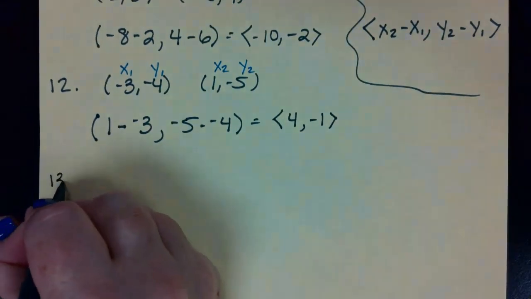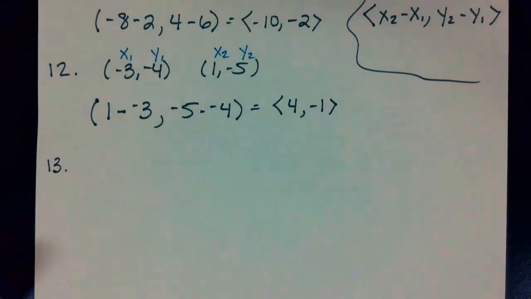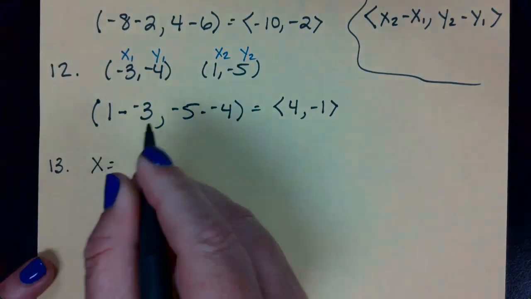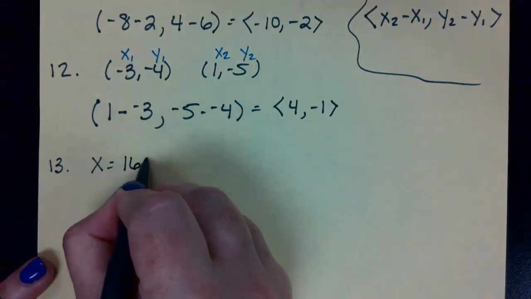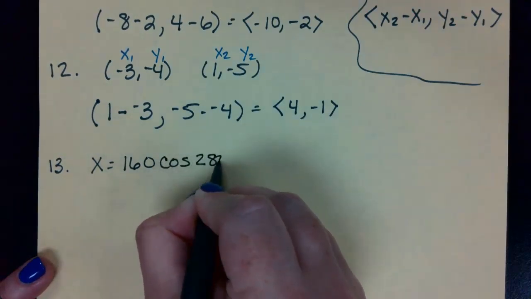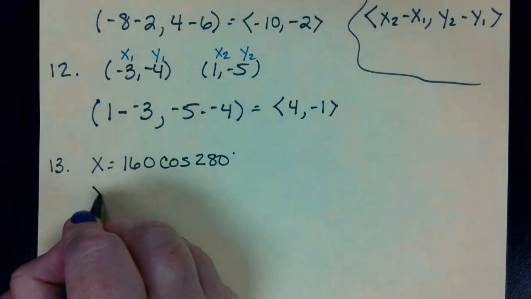Okay, 13. Lisa is pulling at an angle of 280 degrees at a force of 116 newtons. What is the horizontal and vertical components? So this is where we're just going to break this down and just remember, one more time, angles are in the back.